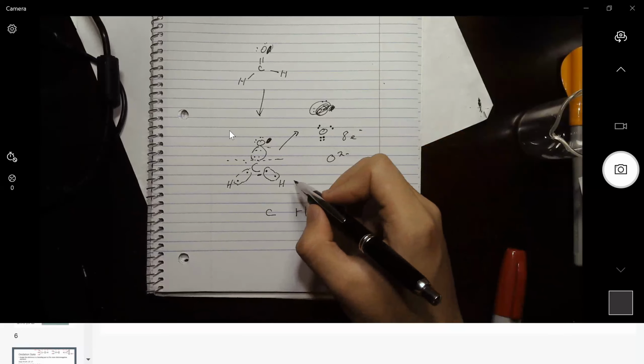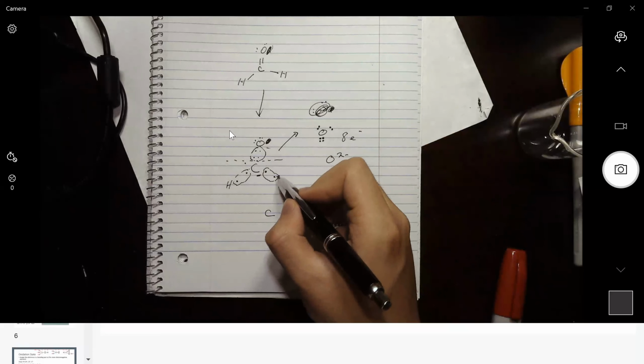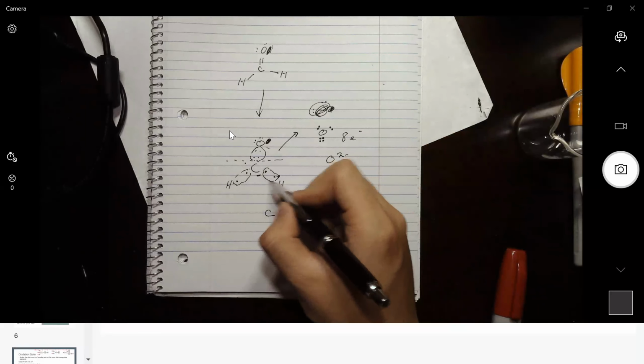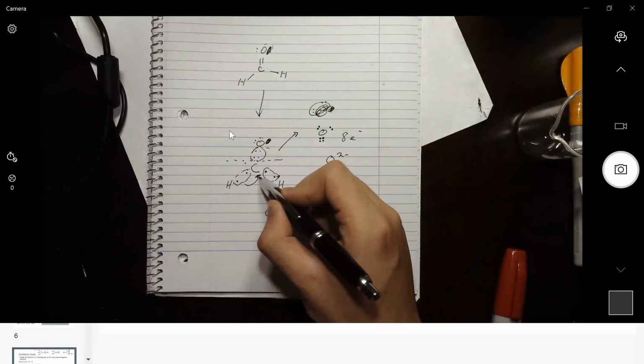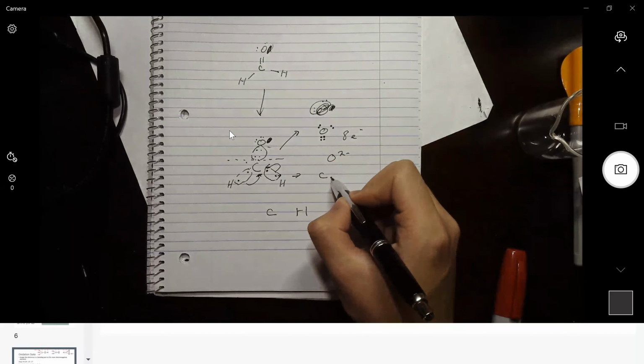Now, carbon is more electronegative than hydrogen, so the electrons in these bonds go to carbon. So in the end, we get something that looks like this.